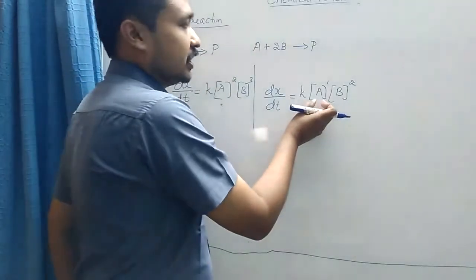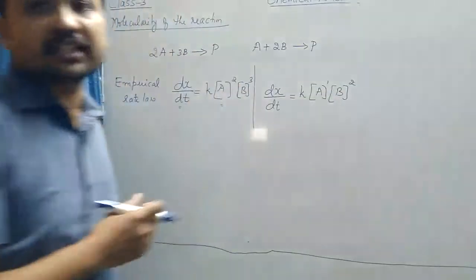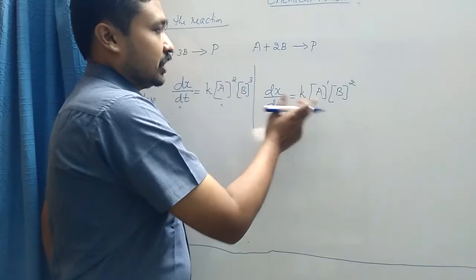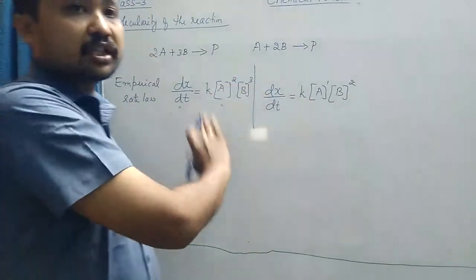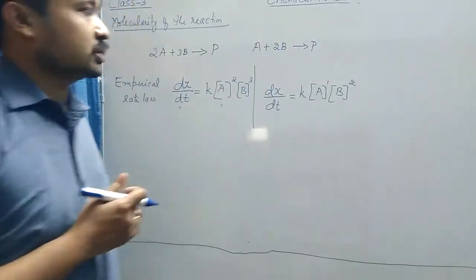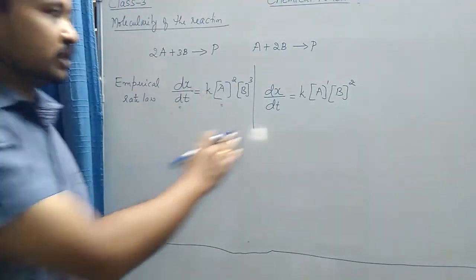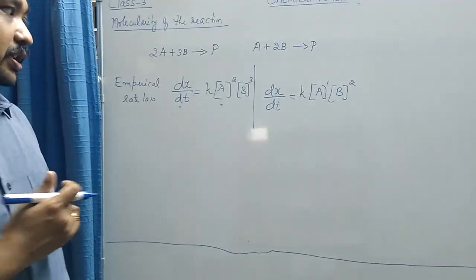Whereas here, if I double the concentration of A, the rate also gets doubled. So the concentration of A has a greater effect on the rate in the first case, because in both cases you are doubling the concentration of A, but in the first case the rate becomes 4 times, whereas in the second case the rate becomes only 2 times the earlier rate.